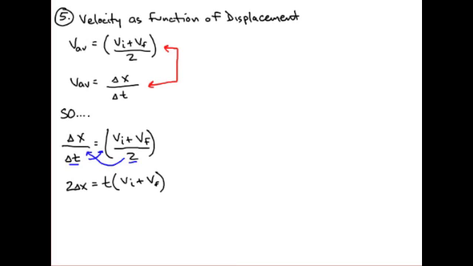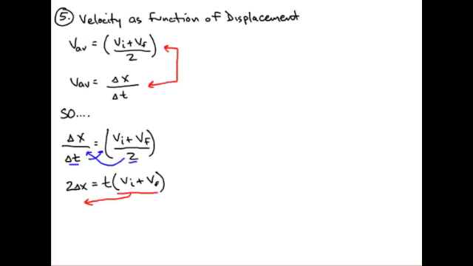For our purposes right here, we're going to take this whole part of the equation, vi plus vf, and drop it down below. We're going to actually divide both sides by that and bring it down underneath the 2 times delta x. Because for right now, we're going to be wanting to solve for t.